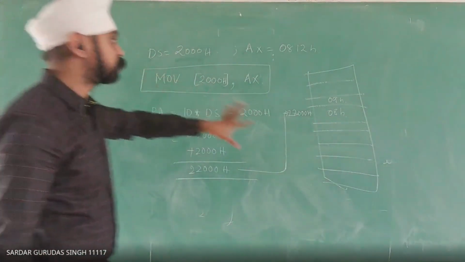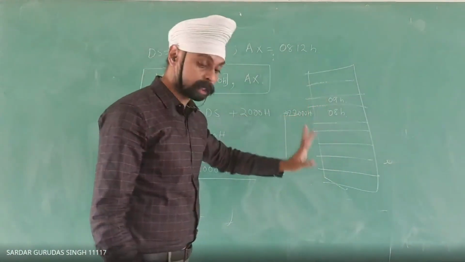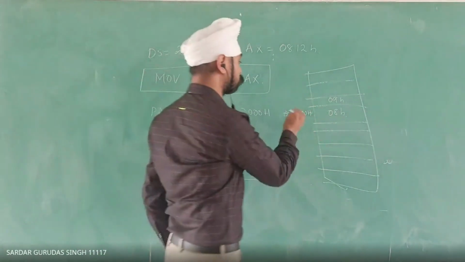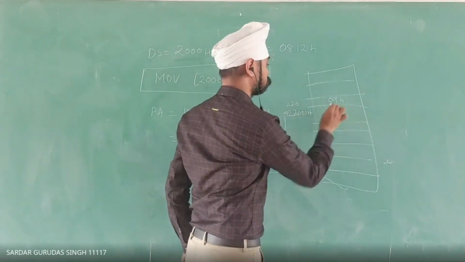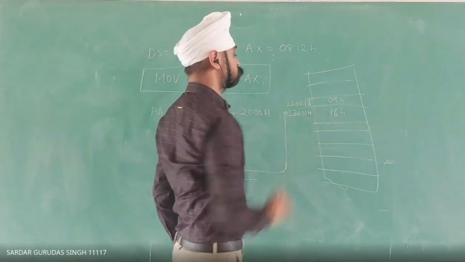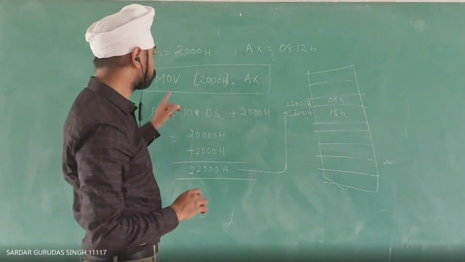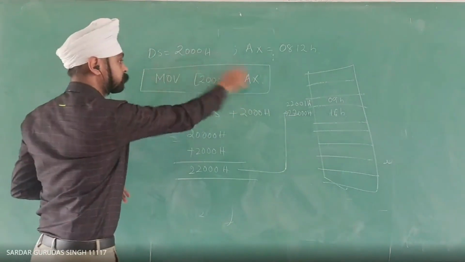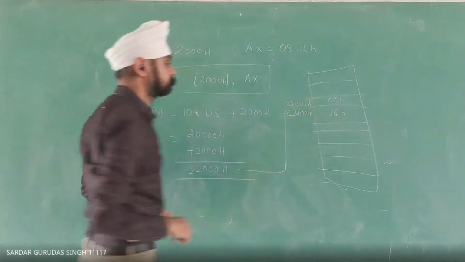Now this was the previous state. Let us assume that previously there were values at the locations 22,000 and 22,001H. These were the values stored by some other instructions. Now after executing this instruction, what will be the content at 22,000 and 22,001? 08 and 12. Very good.